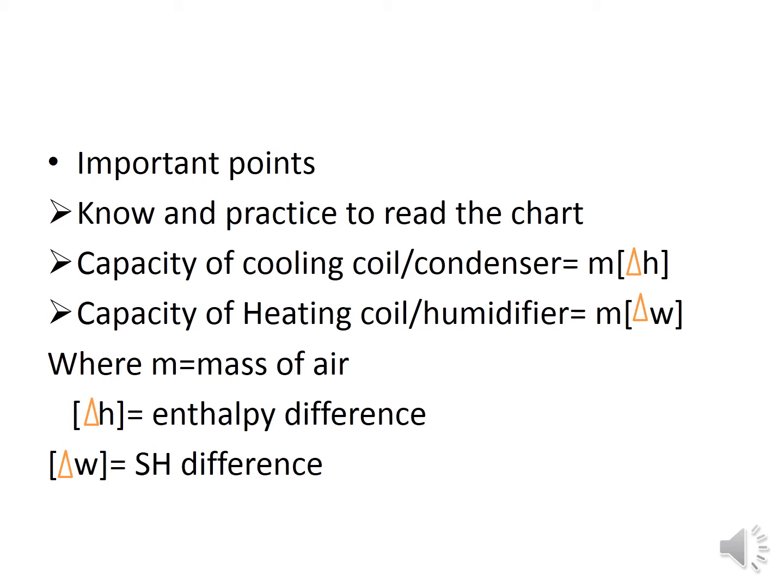If you multiply these two, you will get the capacity of cooling coil. Next, the capacity of heating coil or humidifier is the mass of air into the difference in the specific humidity, which will give you the capacity of heating. Keeping these things in mind, we'll start the problems.